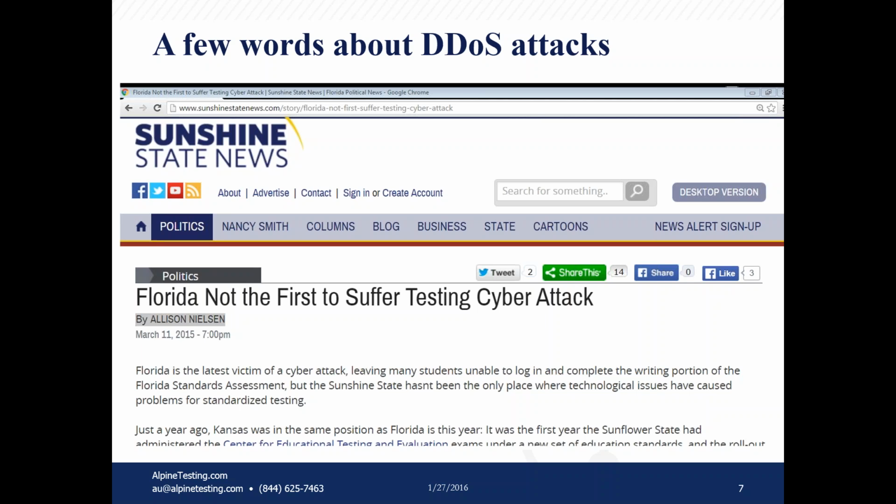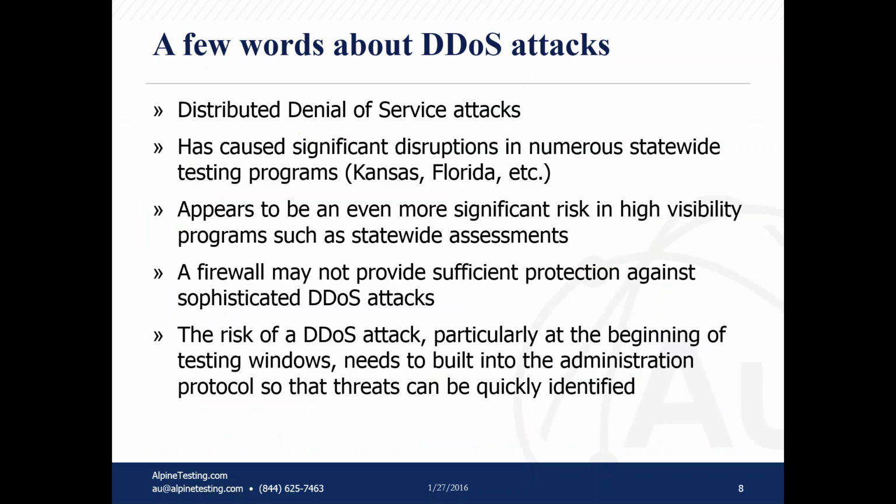Over the summer of last year, we did a fair amount of work in the state of Florida, and one of the reasons why we ended up doing that work is when they were administering their statewide assessment in the spring of 2016, they had a number of challenges related to that, one of which was a series of DDoS attacks.